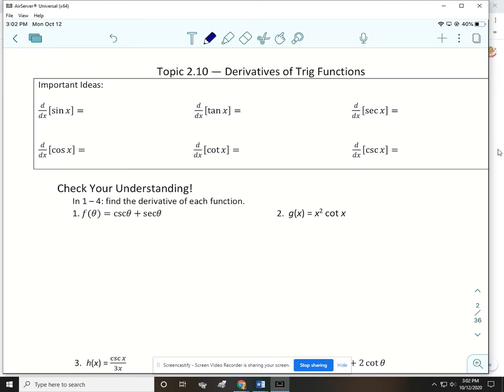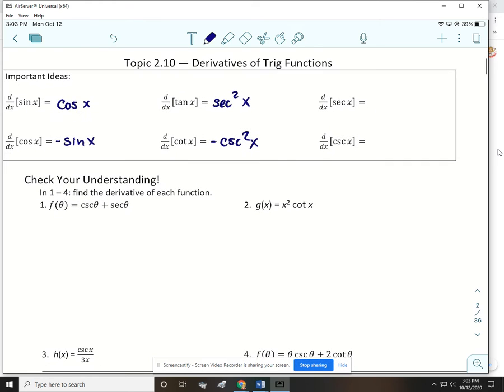Okay, so now that you've done that aside, we're going to write down what all of these equal. And we already knew from before today what the derivative of sine of x is, and the derivative of cosine of x. But now, hopefully, you know the derivative of tangent of x is secant squared of x, and the derivative of cotangent of x is negative cosecant squared of x.